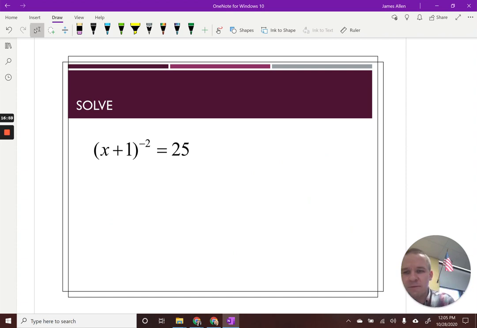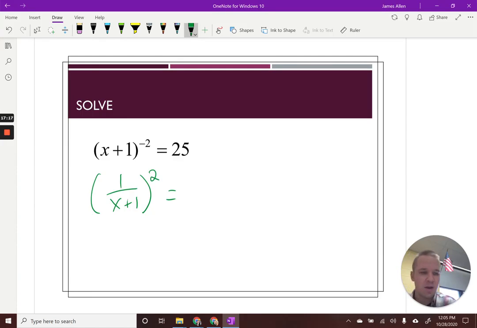So here I have x plus 1 to the negative second. Couldn't I write that as 1 divided by x plus 1 to the positive second?